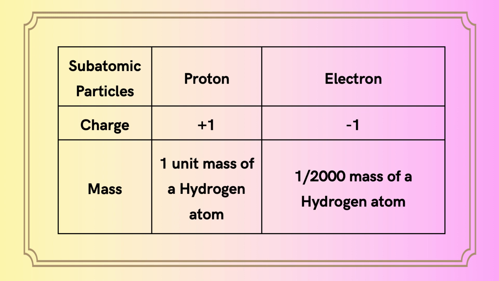Electrons are negatively charged and protons are positively charged. The mass of an electron is 1 by 2000 the mass of a hydrogen atom. The mass of a proton is equal to the mass of a hydrogen atom and is taken as 1 unit.